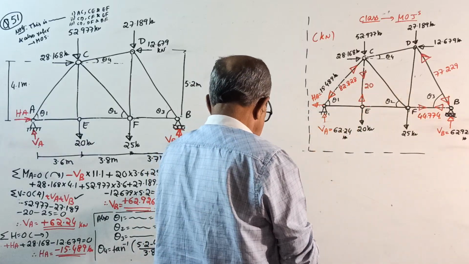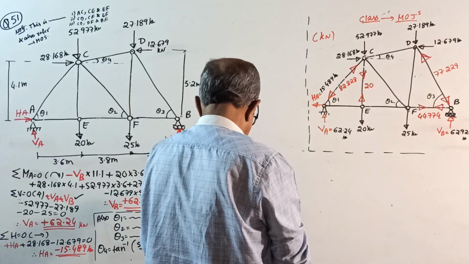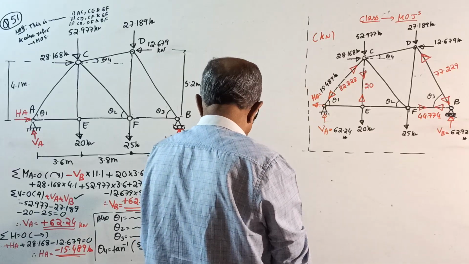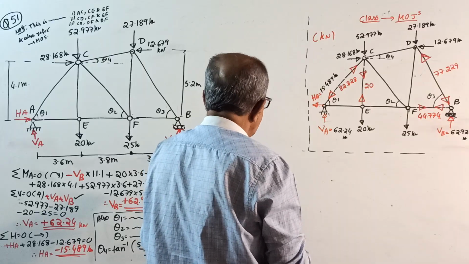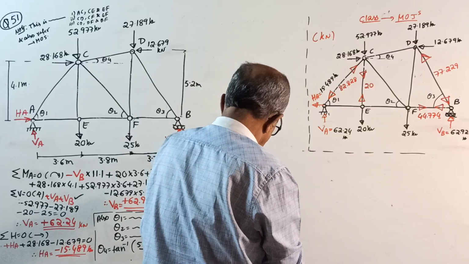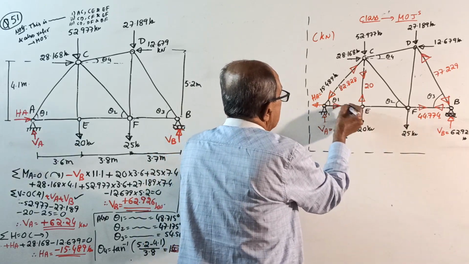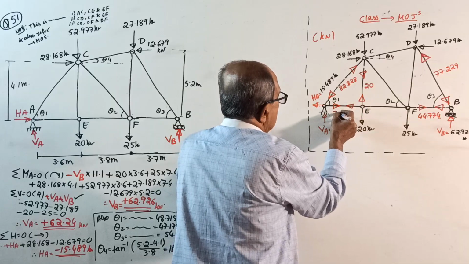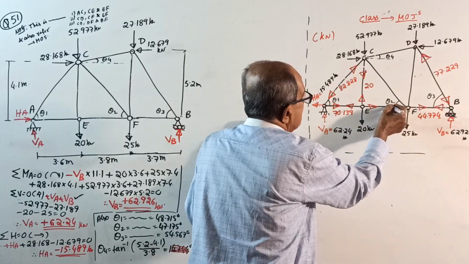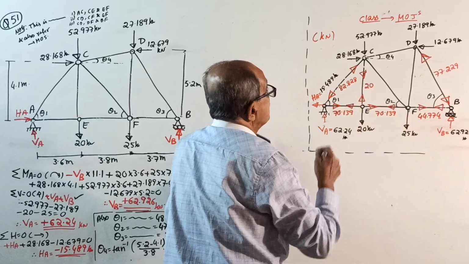I'll check once again. 62.24 divided by sine of how much angle? 48.715. Correct. Into cos of 48.715, which is 54 plus another 15.489, 70.139. Next joint better for me.